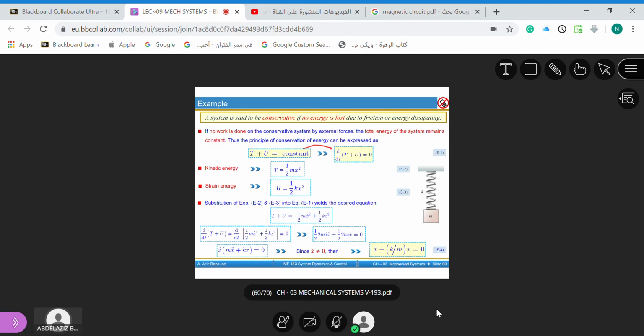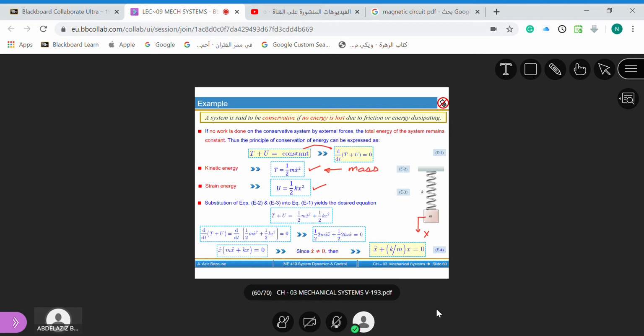If we take the spring and the mass, if you remember, we have seen this example when using Newton's second law. If this is x, and the motion is down, we can write the kinetic energy of the mass to be half m x dot squared.